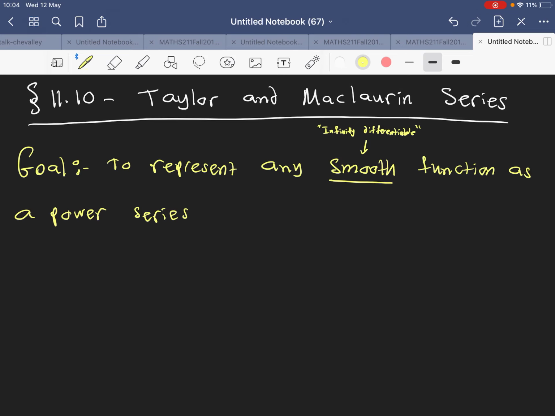So what will be the setup here? Of course, we have to fix the center, and then my function, which can be any function, will be just a power series. So start with c0, c1 times (x minus a), where a is my center.